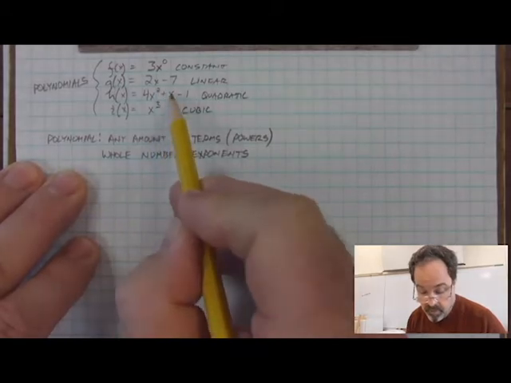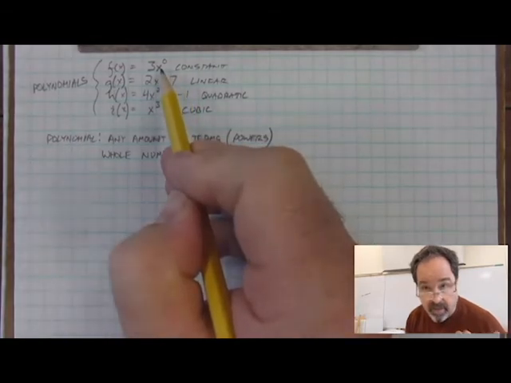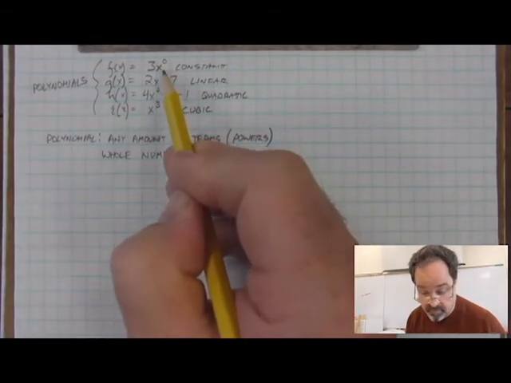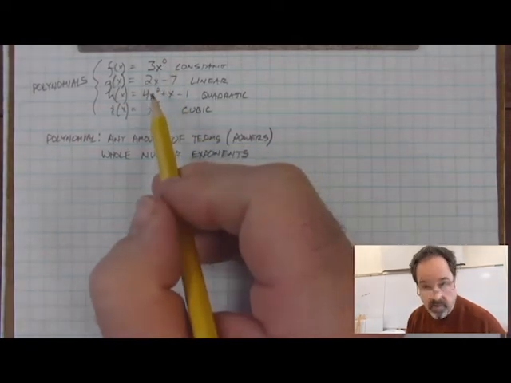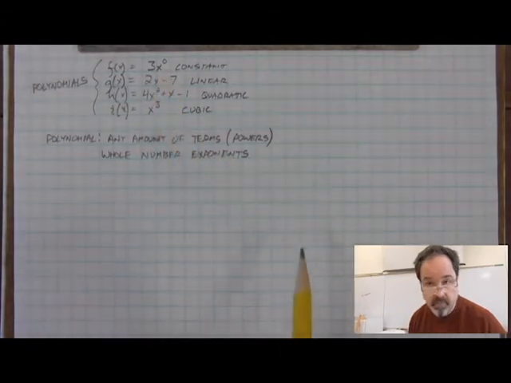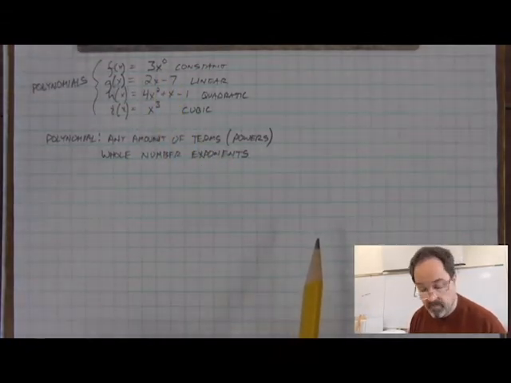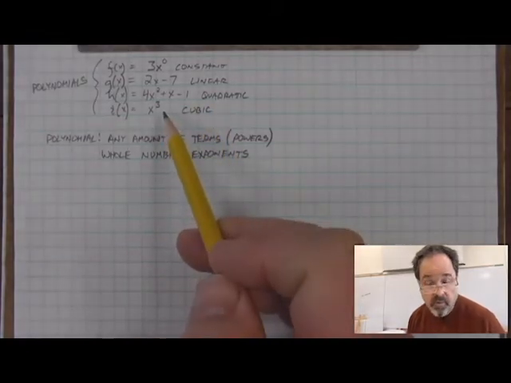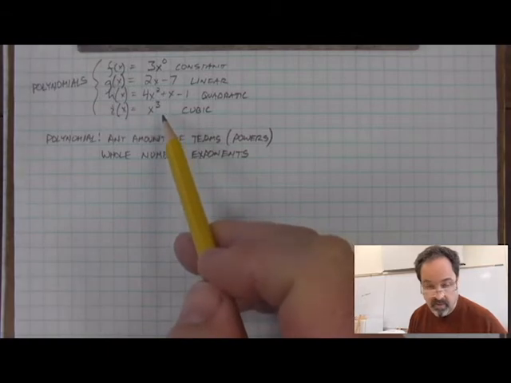So is 2. If it's not shown, it's 1. And if it's a constant term and we have to add the power to see that it's there, it will have an exponent of 0. 0 is a whole number. So when we have a term that has a 0 exponent, it also belongs to the family of polynomials. What we don't see here is any negative exponents or fractional exponents or exponents that have a decimal point.